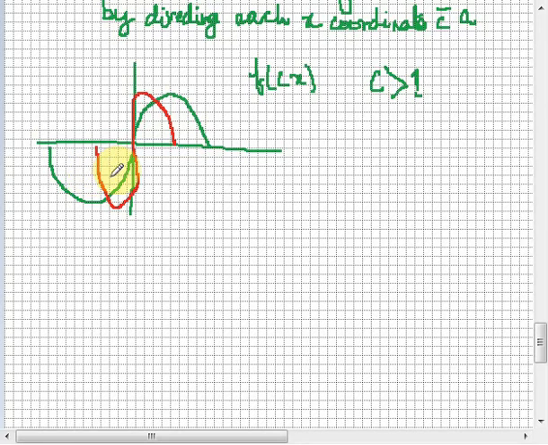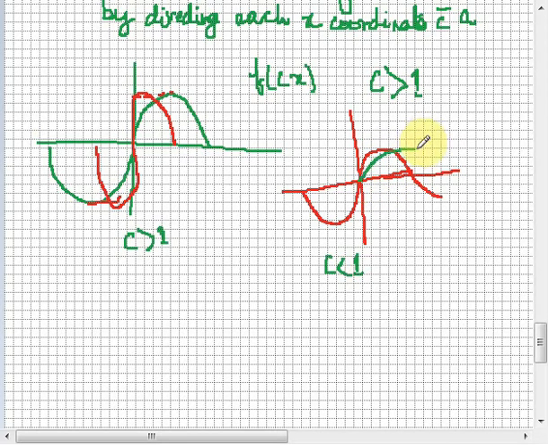The height will remain the same. Suppose c is less than 1, then the graph will be stretched like this.